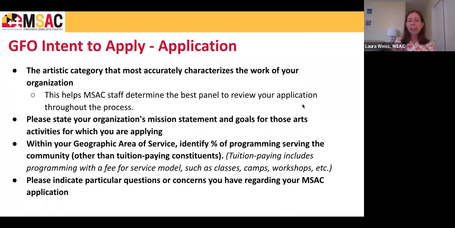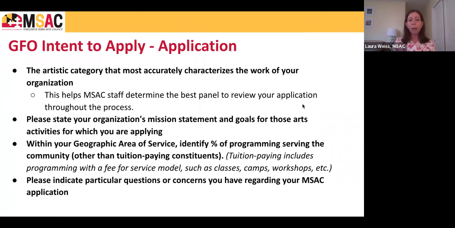The next couple are some brief narrative sections. The first is just to state your organization's mission statement and goals for those arts activities for which you are applying. The next one is a question that asks, within your geographic area of service, identify the percentage of programming that serves the community.